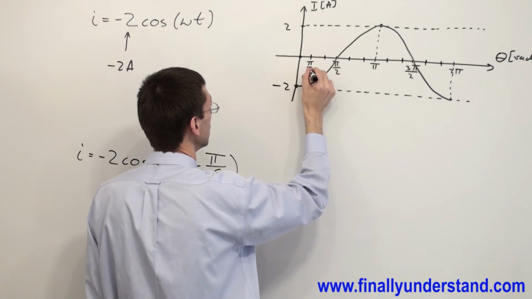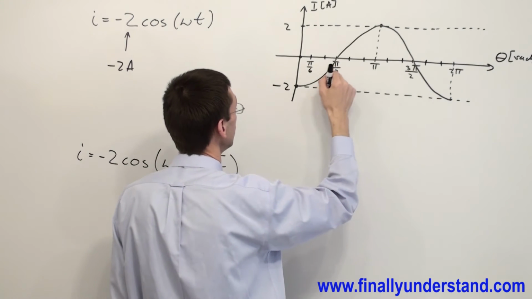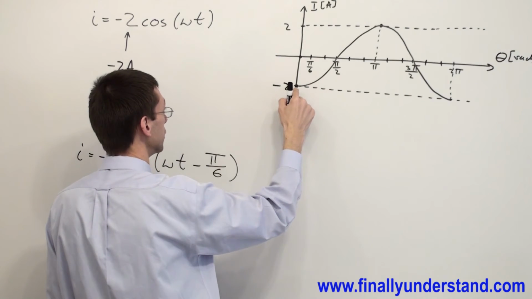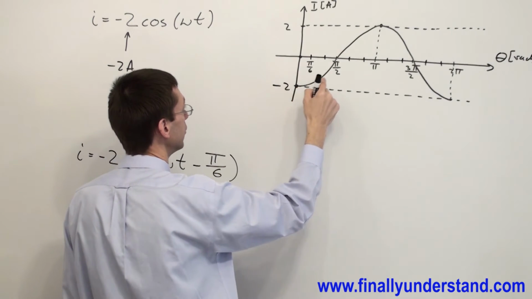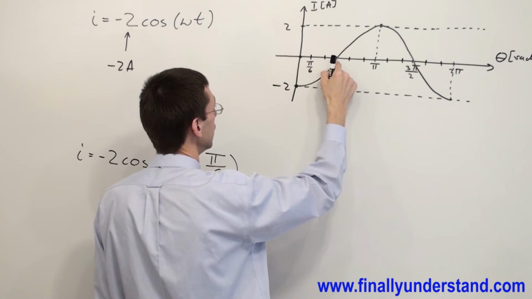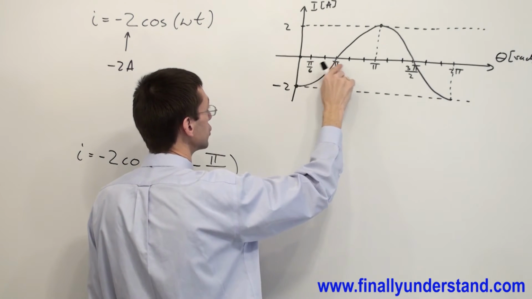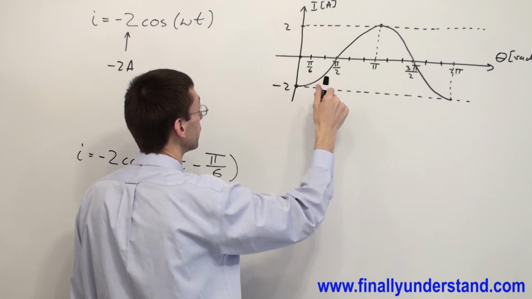Pi over 6. And I have to move every important point, I mean every peak point and every zero crossing point, by pi over 6 to the right side.